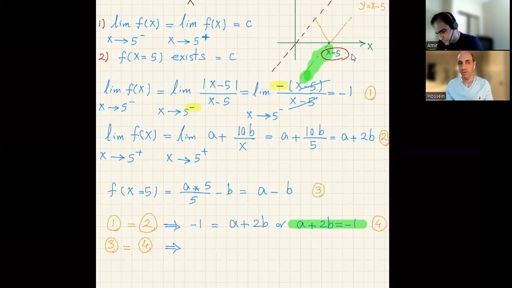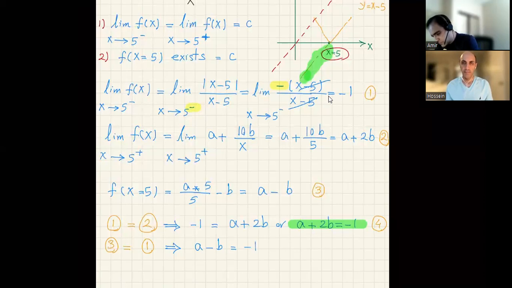I think what you wrote is correct, but I think it's easier to just consider 3 equal to 1. Yeah, sure. 3 is equal to 1. So A minus B is equal to -1.